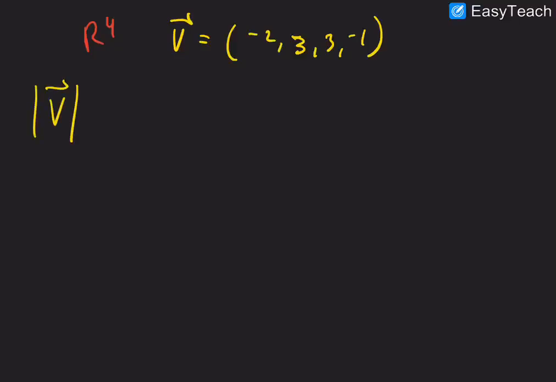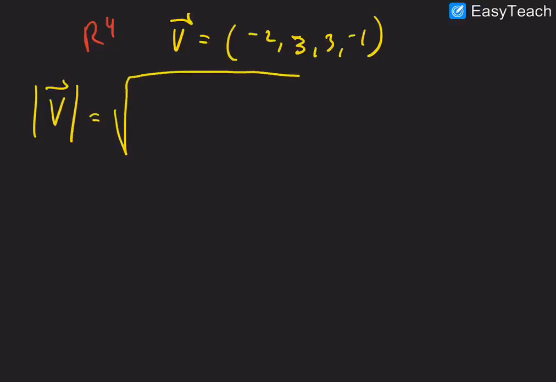Let's move on. Okay, let's start off with R4. Ooh, that red is eye-piercing. Okay, R4. We have a vector that's equal to -2, 3, 3, -1. And we want to know what the magnitude of that vector is.